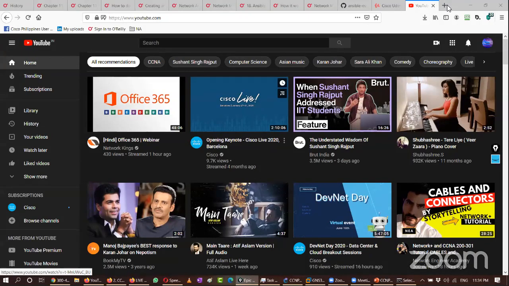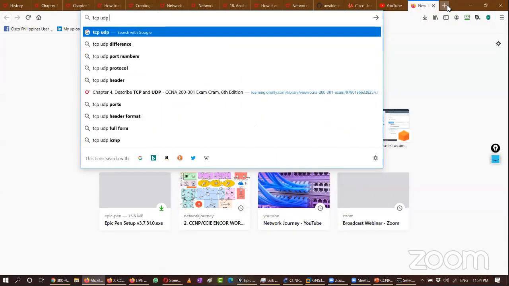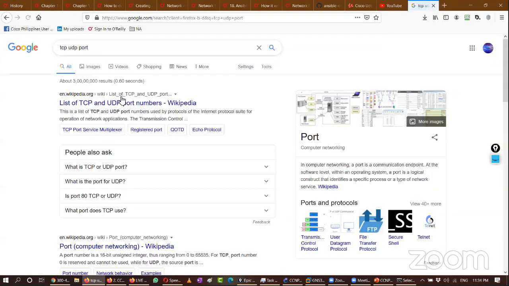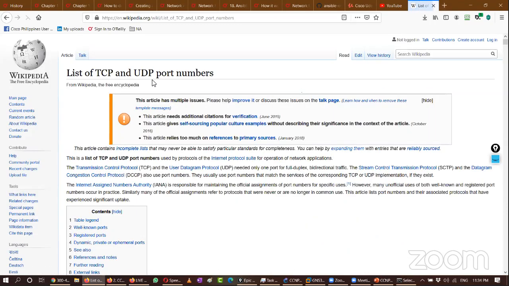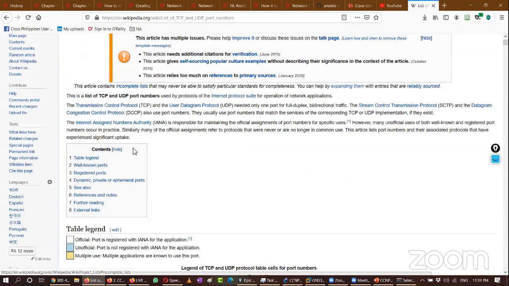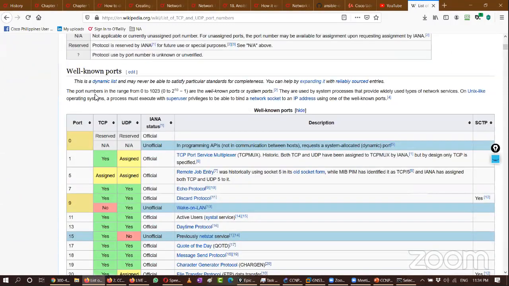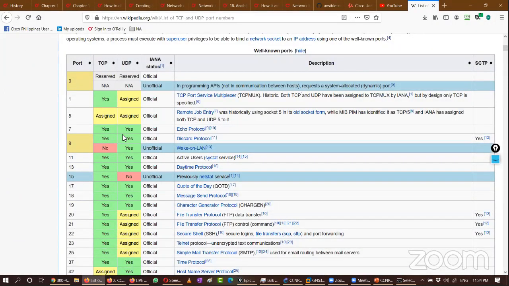There is a list of port numbers, and these port numbers are given by IANA. IANA is an online entity which also gives IP addresses. If you ever get a chance, just check it out. These are the port numbers, and the applications respond to these port numbers.